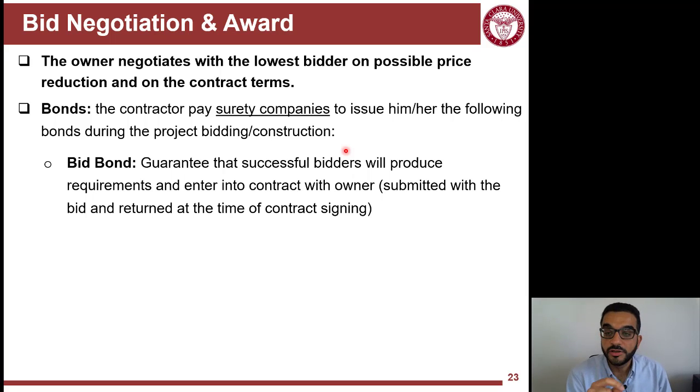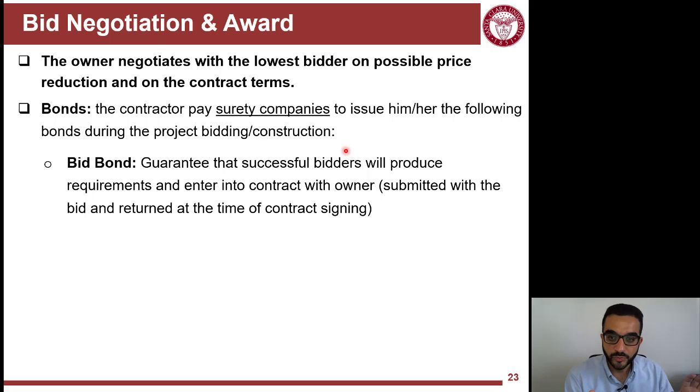So the bid bond here is a guarantee that the contractor, the selected bidder, will confirm to that and will actually do the work and enter into a contract with the owner. That bid bond is typically 5% of the bid value. Why is that? Because typically, not the $1 million, $2 million example, but the difference between the first and the second bidders is around 5%.